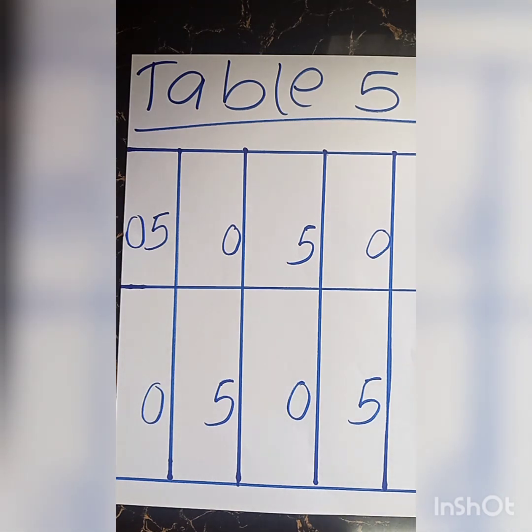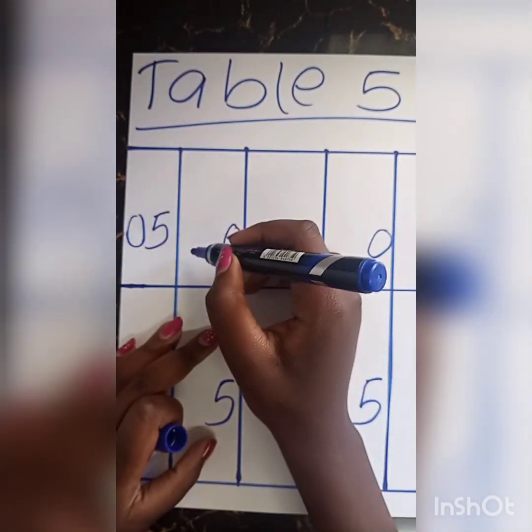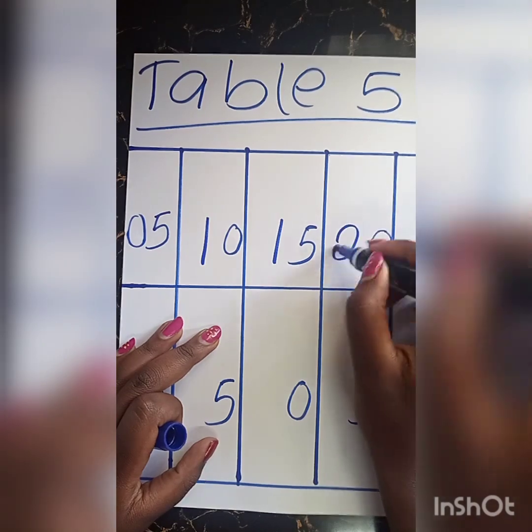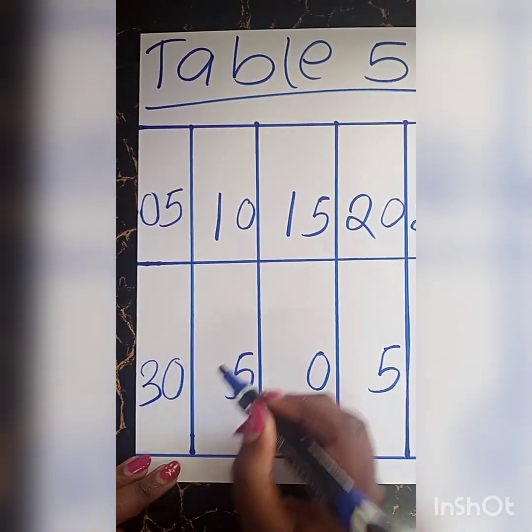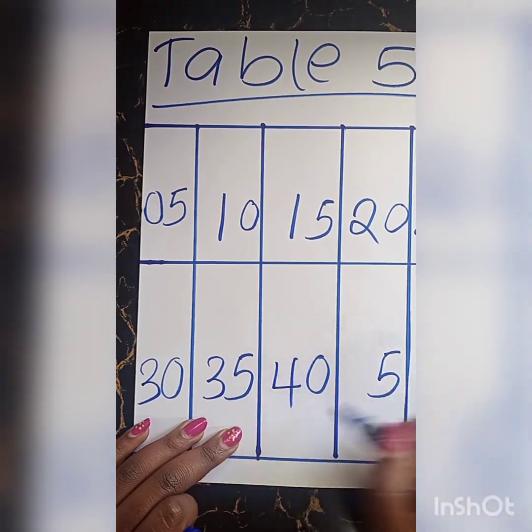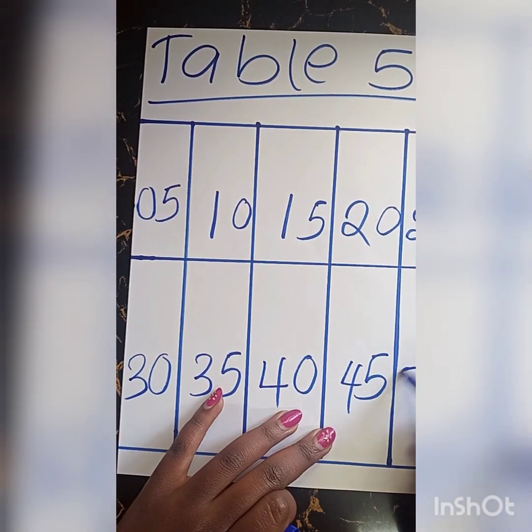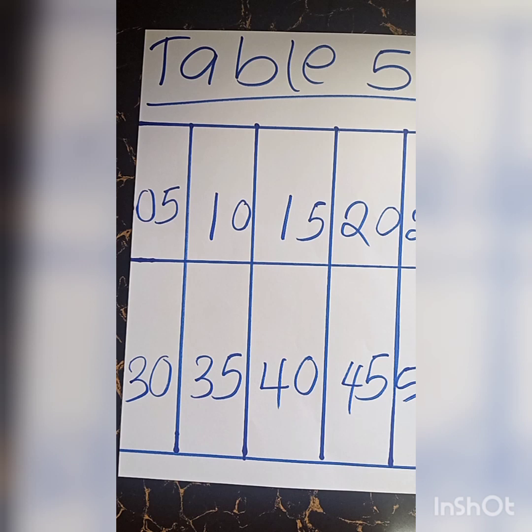Are we together? So now we'll have 0, 1, 1, 2, 2, we have a 0 here, so we'll write 3, 3, 4, 4, then 5. And just like that, you have your table 5. So that's all you need to understand.